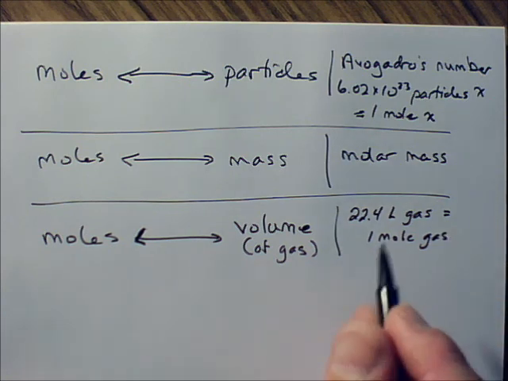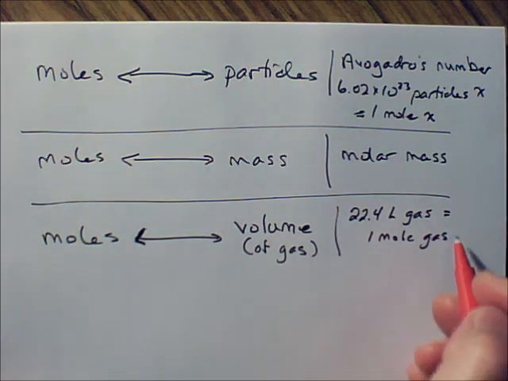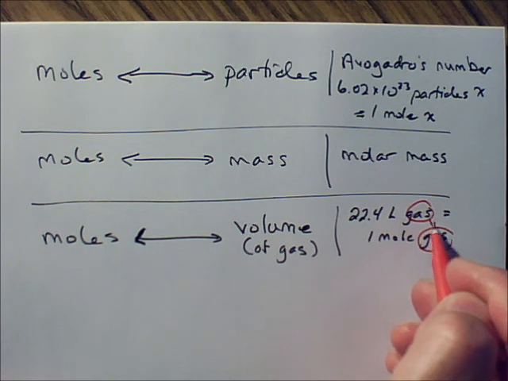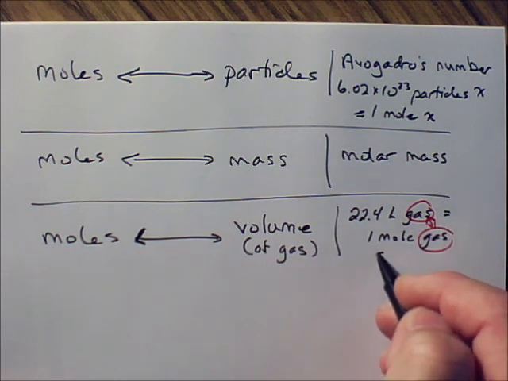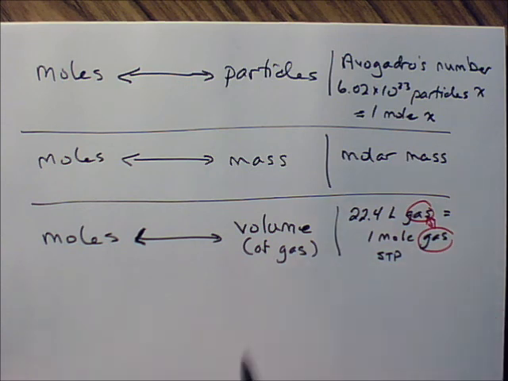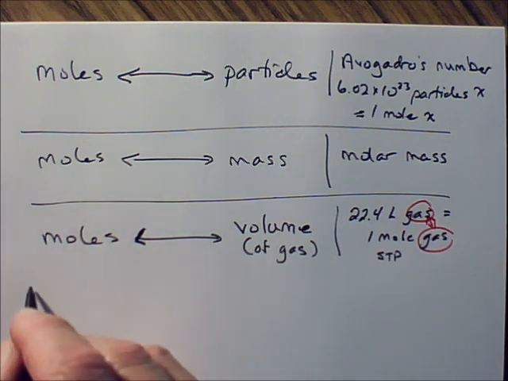Whatever that gas is, it has to be the same gas. You can't change from one species to another. That has to be the same. Okay? But this only works under a very specific set of conditions. And those conditions, we shorten that to call it STP, that's standard temperature and pressure, which is 0 degrees centigrade and 1 atmosphere pressure.